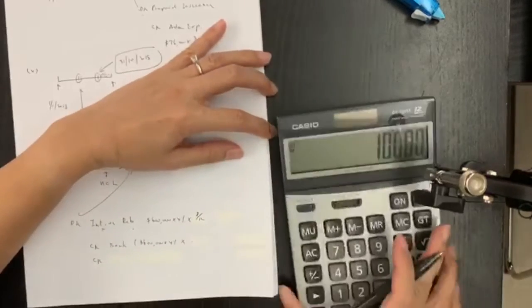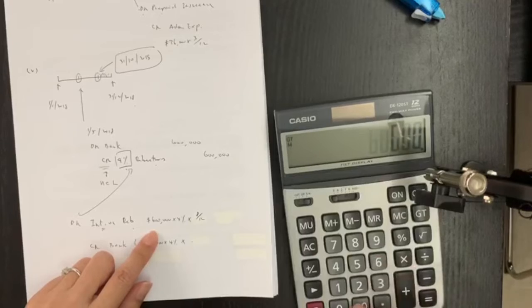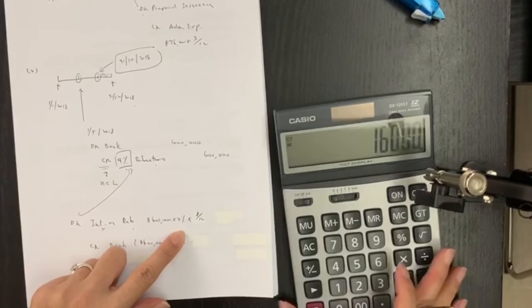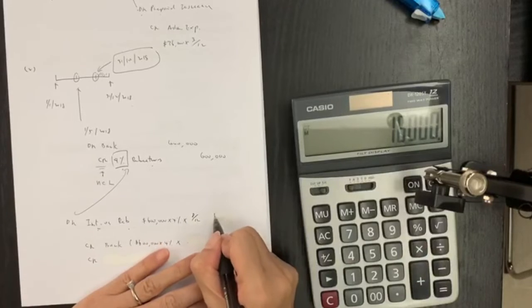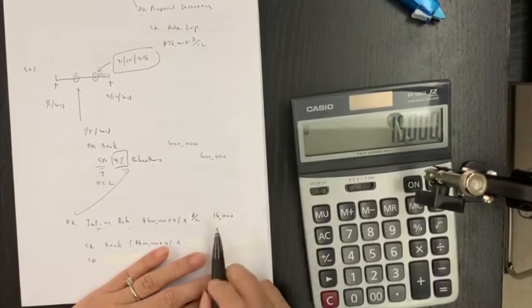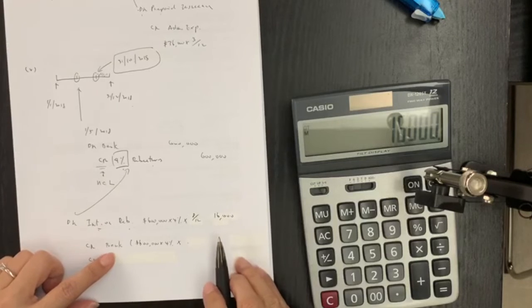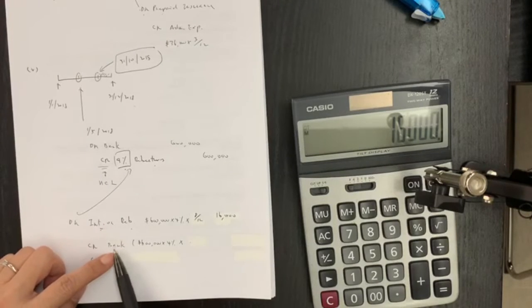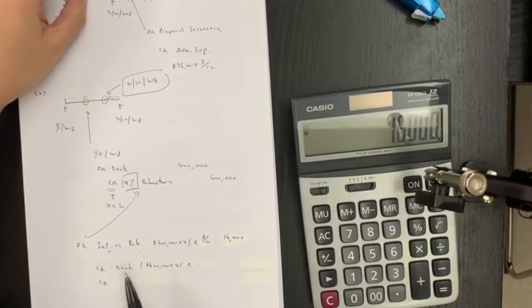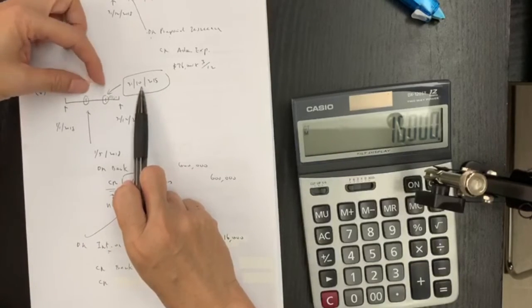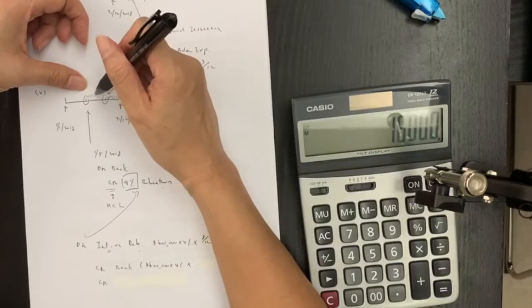Now let me get my calculator. 600,000 times 0.04 times 8 divided by 12. So debenture interest should be 16,000 incurred, and then we pay interest, credit bank, and the date for paying is 31st of October. How many months have we paid?